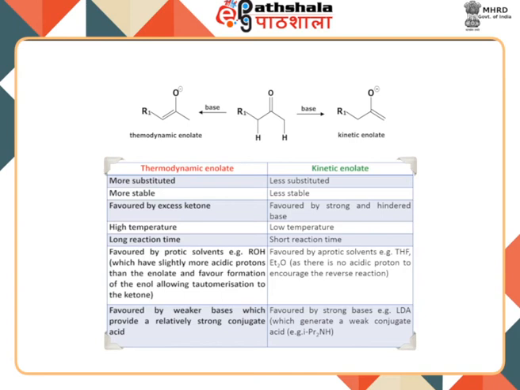Thermodynamic enolates are favored by weaker bases which provide a relatively strong conjugate acid, whereas kinetic enolates are favored by strong bases, for example LDA, which generates a weak conjugate acid.